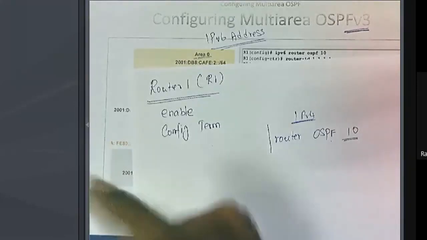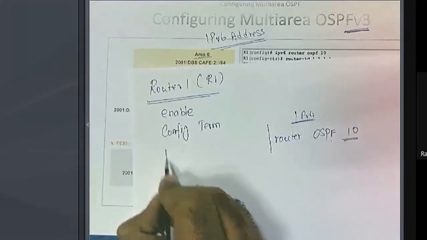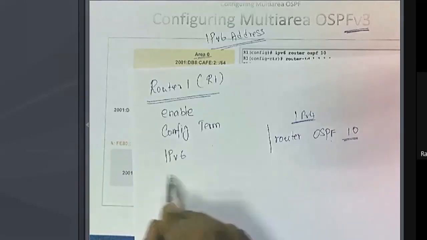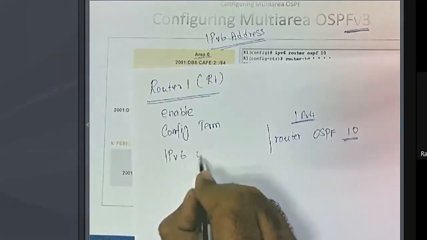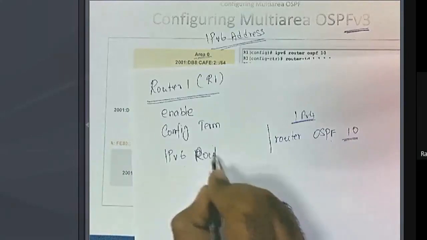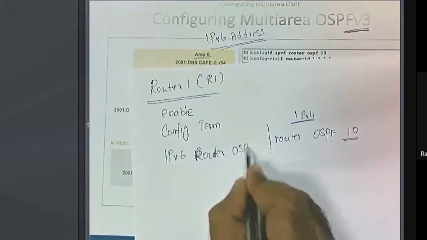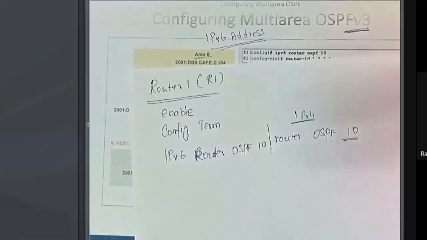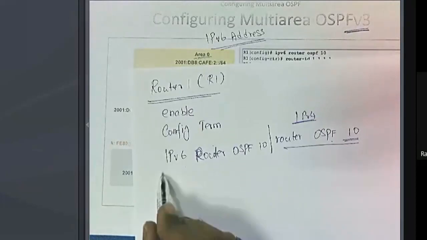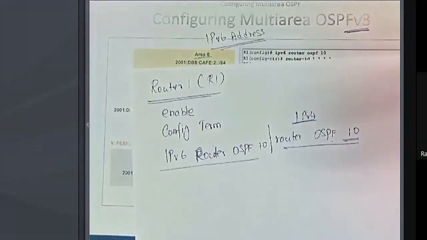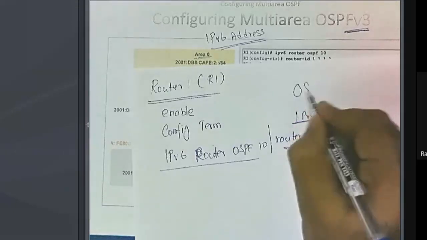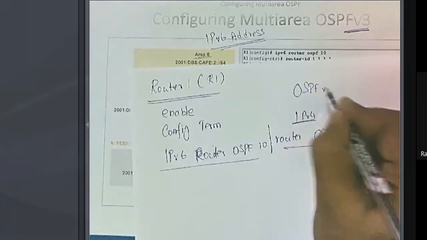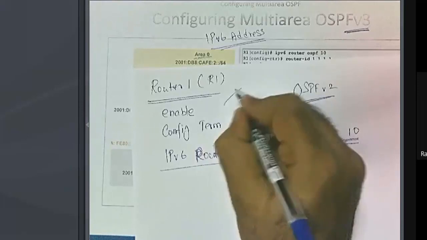For IPv6, how to give? I write ipv6 in front, then the remaining thing is the same: ipv6 router ospf 10. This is the difference. This is for IPv4, and this is for IPv6. They used to say OSPF V2, version 2, so this is OSPF V3.